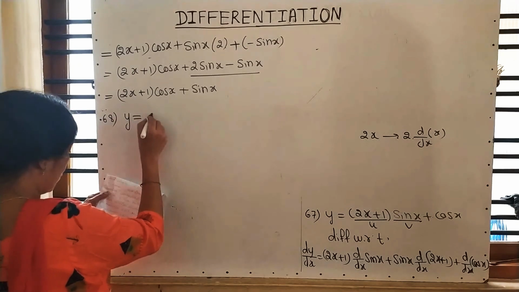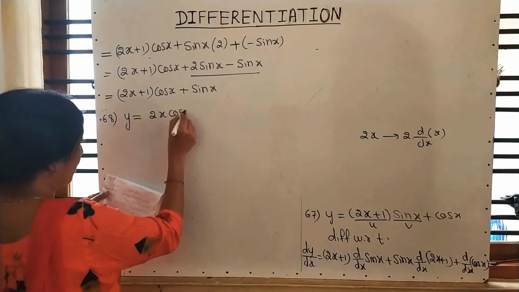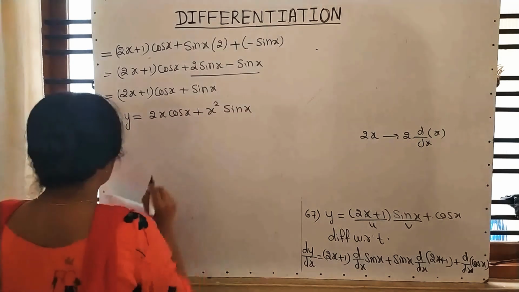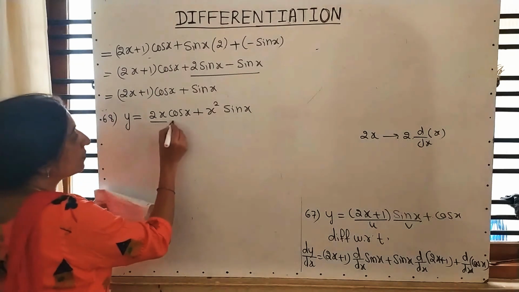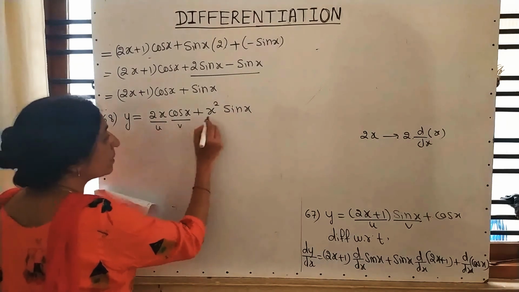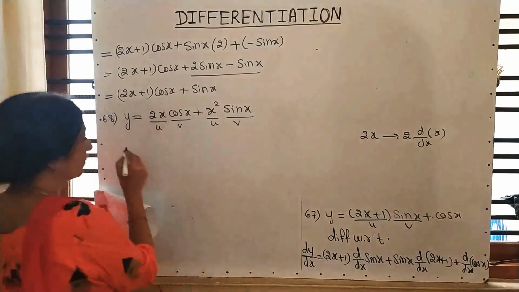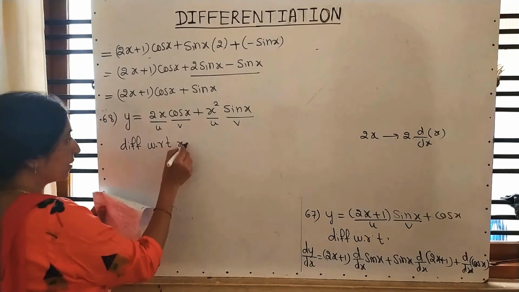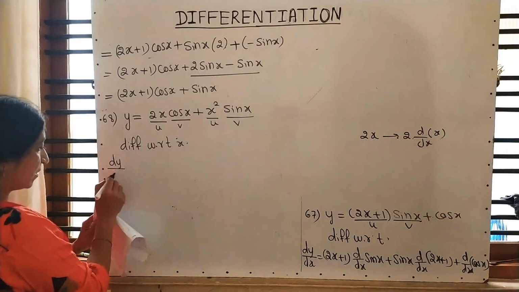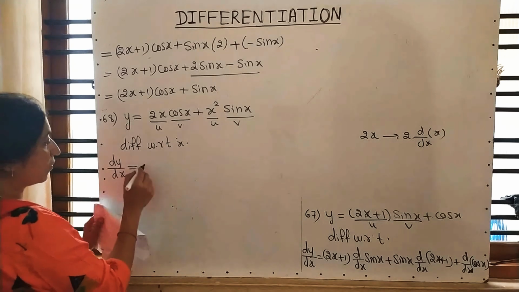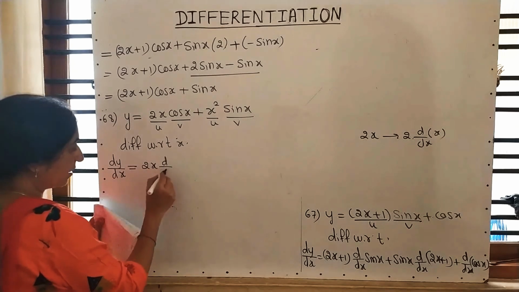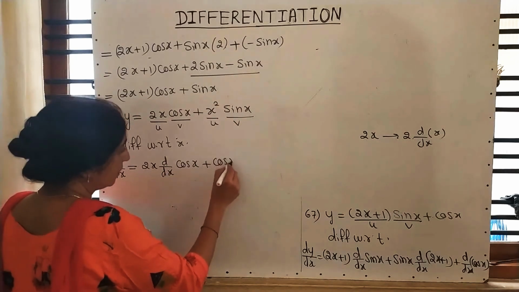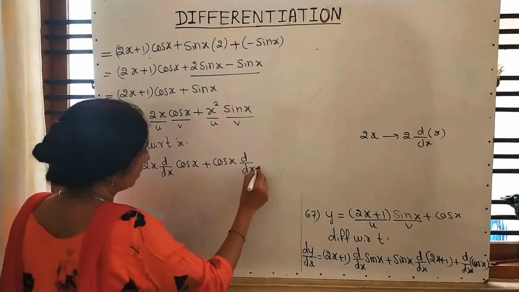y is equal to 2x into cos x plus x square into sin x. Here, this is u into v plus this is u into v. Differentiating with respect to x, dy upon dx is equal to 2x as it is, differentiation of cos x plus cos x into differentiation of 2x.